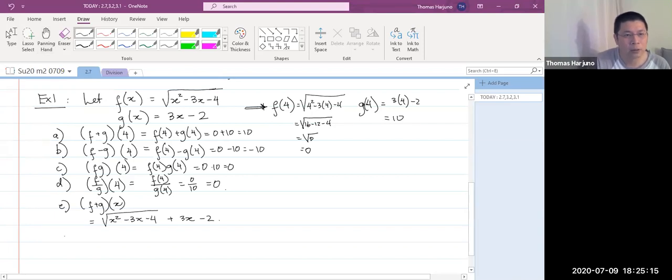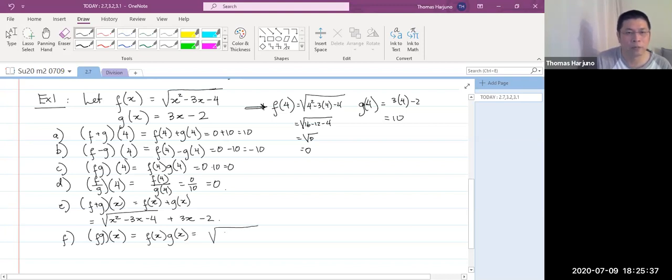Now, part F, if I have f times g of x, well, the one above is actually f(x) plus g(x), right? The one here, part F, is f(x) times g(x), which basically means the square root of x squared minus 3x minus 4 times 3x minus 2, which we usually write with radicals after the ones without radicals.